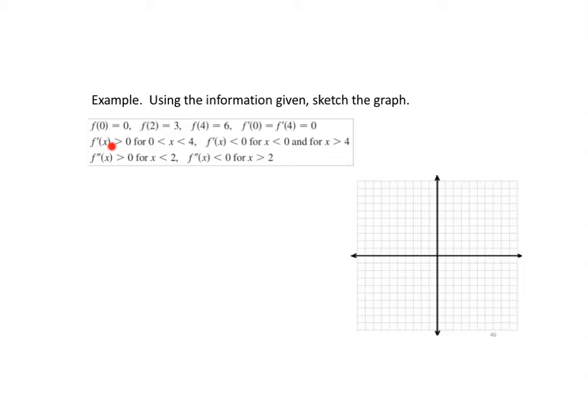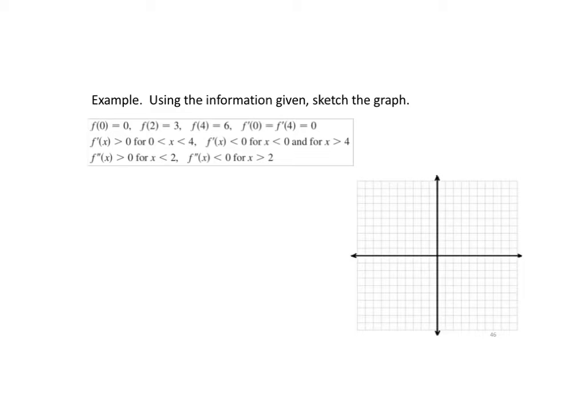F prime of x is positive between 0 and 4, and it's negative to the left of 0 and to the right of 4. Second derivative is positive, that means concave up to the left of 2, concave down to the right of 2. Let's take this and try to put it together.